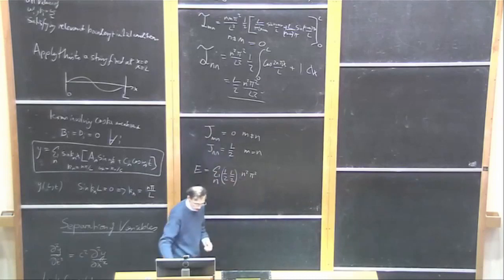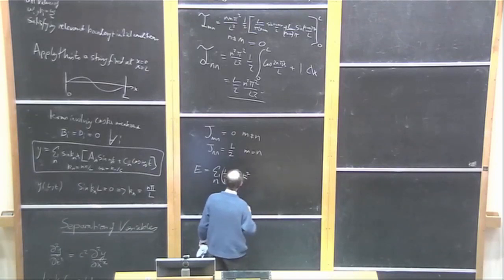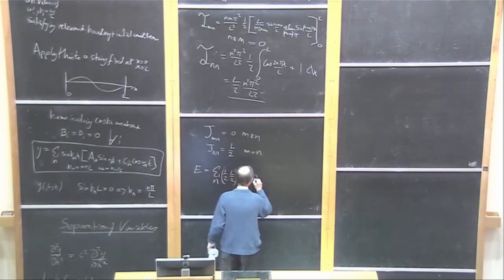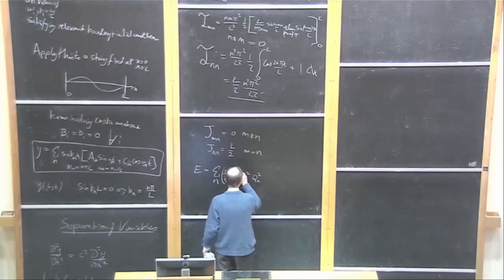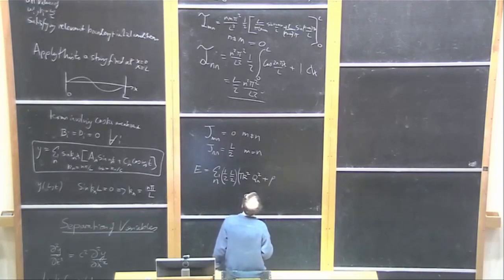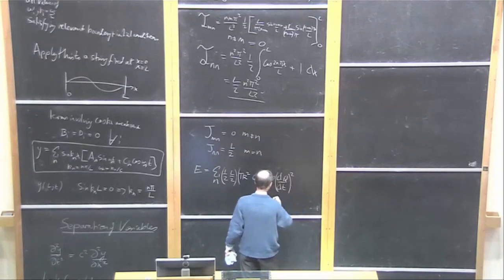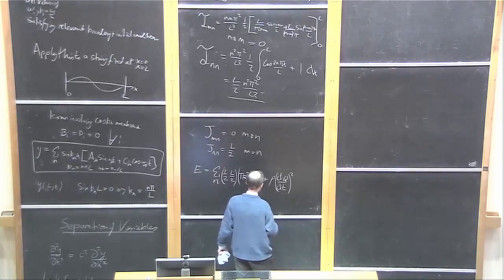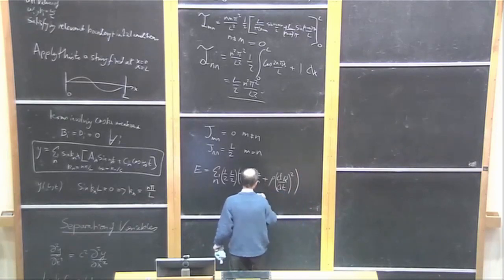Well, actually, I'm going to write that as k squared, if that's all right. k squared q_n squared, and that's got a factor of the tension plus the mass density times J_mn, and J_mn was just L over 2, which I've already got here, times dq by dt squared, and that's n.